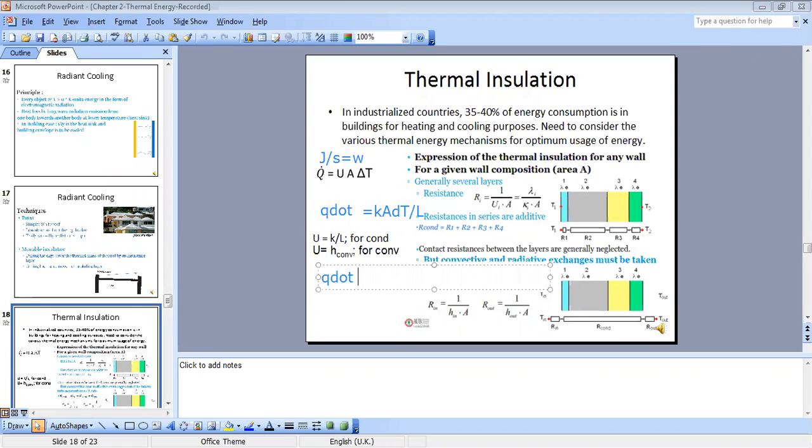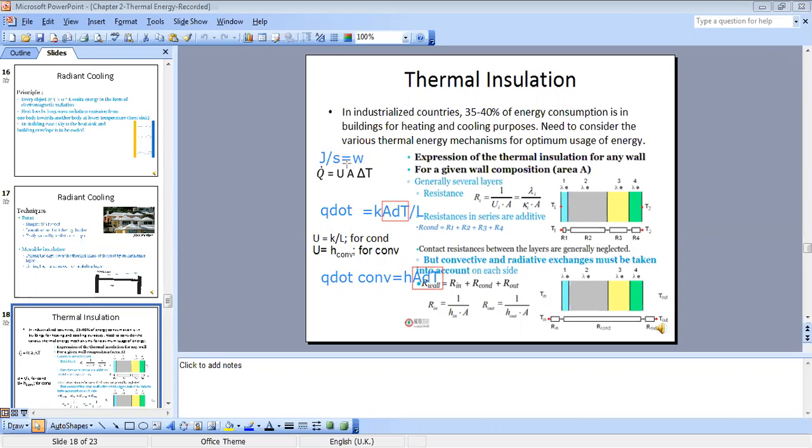Q dot for convection is equal to H times A times delta T. So you can see that in both cases, you have area times delta T. This is a term that is common between the two.